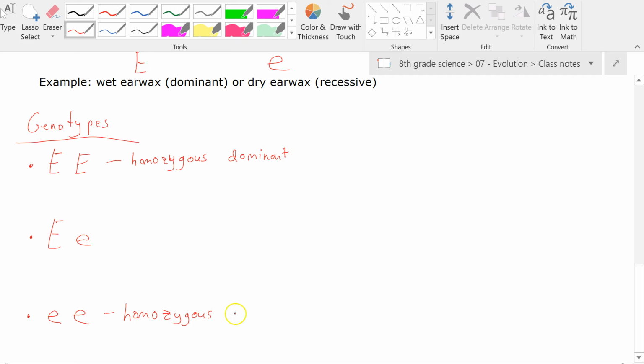And the bottom one will be homozygous recessive. Two of the recessive version of that gene. And then in the middle, we'll call this one heterozygous. So the only difference in those words, we got the homo for same, or the hetero for different.